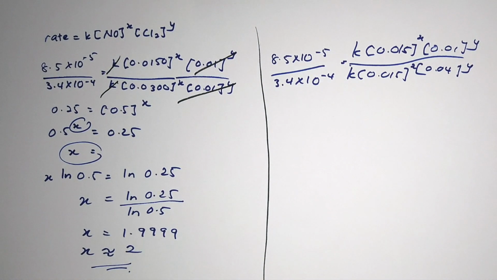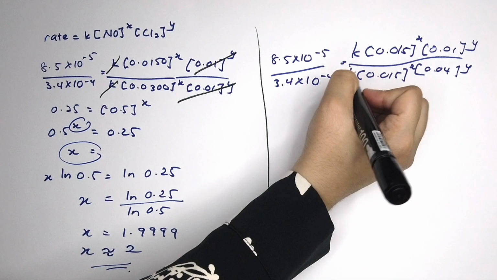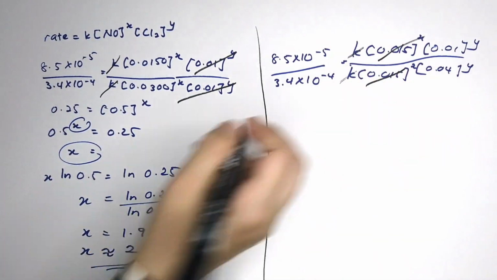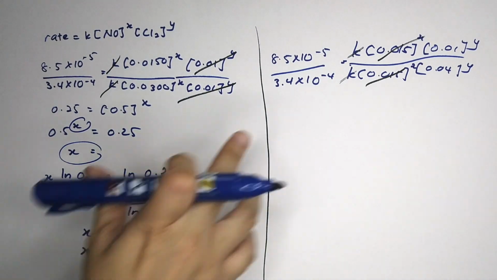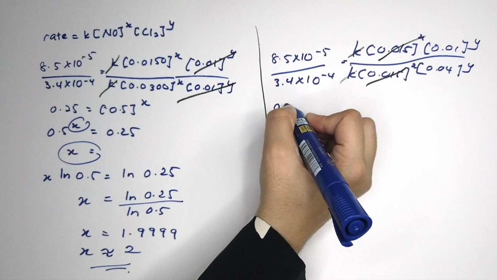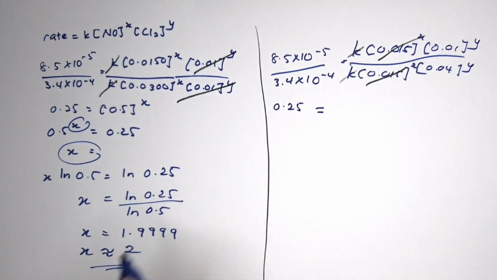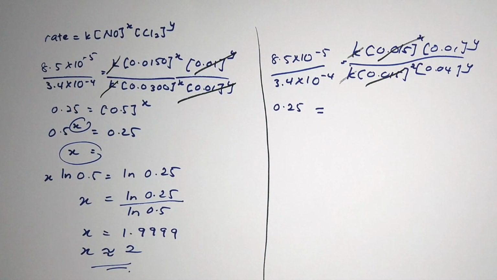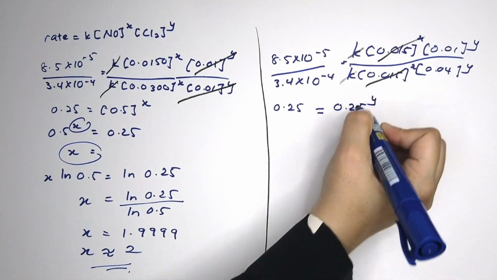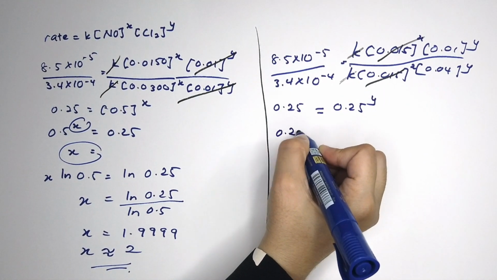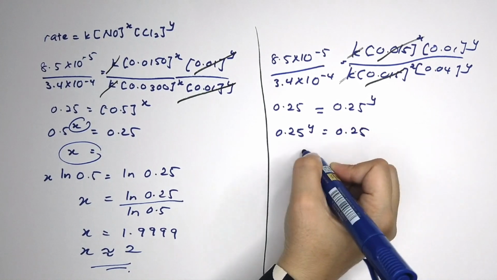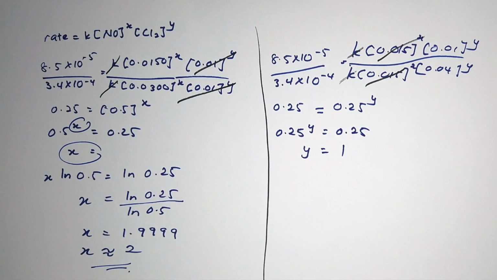From here, the same drill: the k's are the same and these have the same value, so you can cancel them out. Because it's the same value, you get 0.25 as well to the power of y. So 0.25 to the power of y is equivalent to 0.25, so definitely y is equivalent to 1.